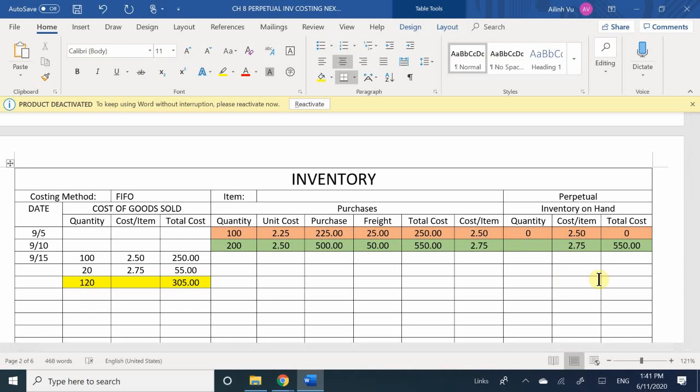So 200 minus 20 gives you 180. And then 550 minus 55 is going to give you 495. 495 is correct. Good.